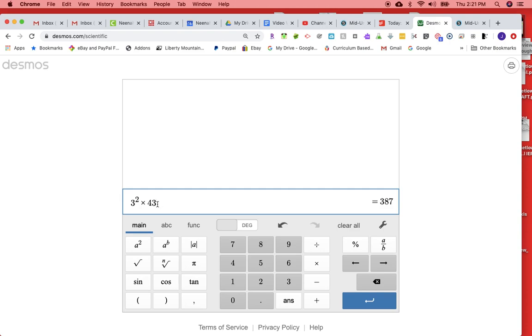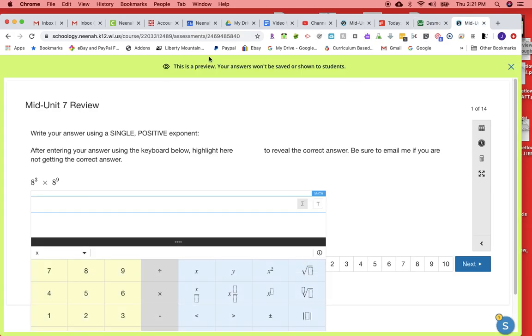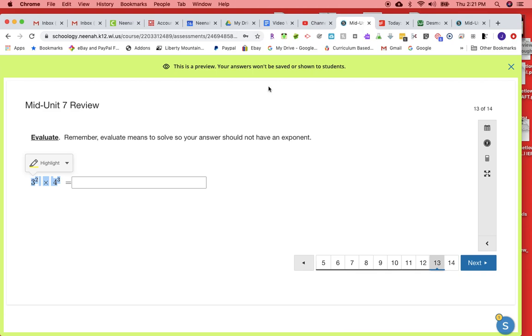This should be to the 3rd power, not 43. So I'll get rid of my 3, hit my exponent button to the 3rd power. So 3 squared times 4 to the 3rd will be 576. So we can go back. 576.